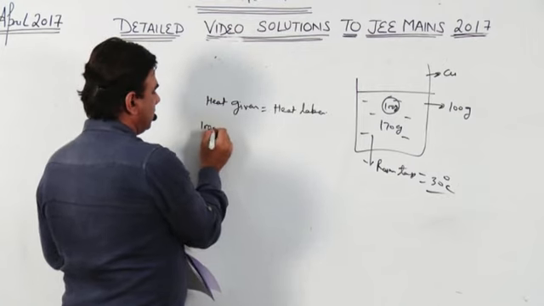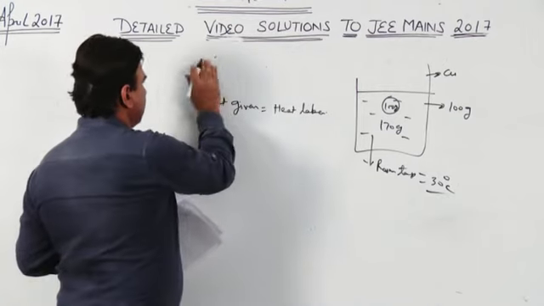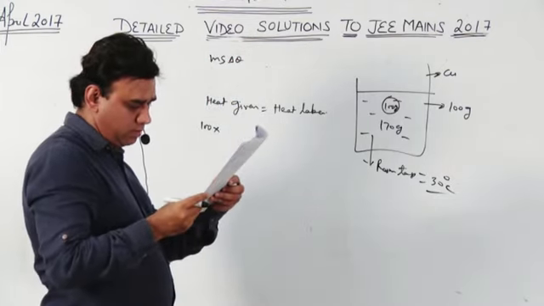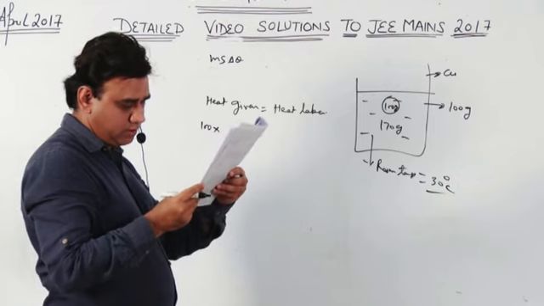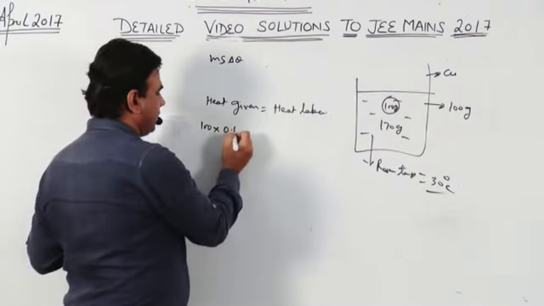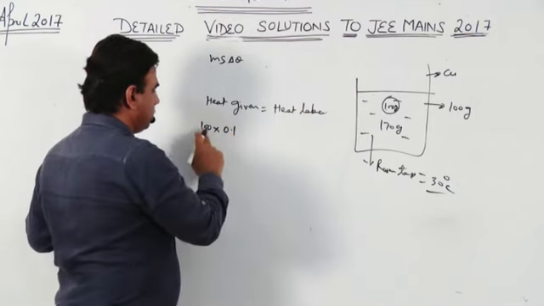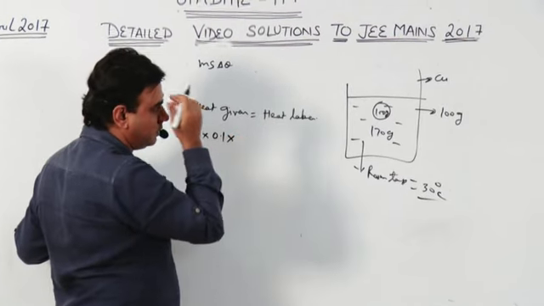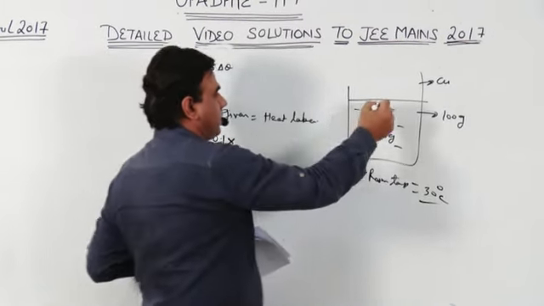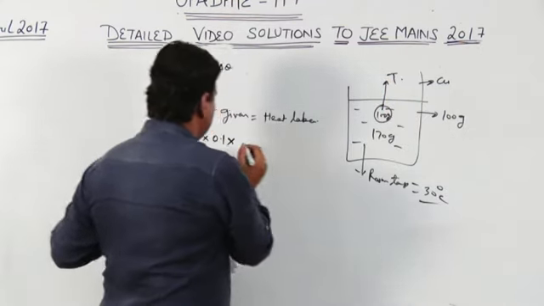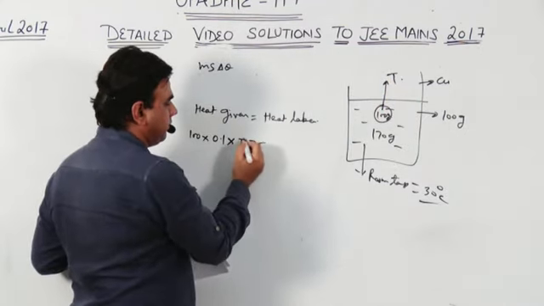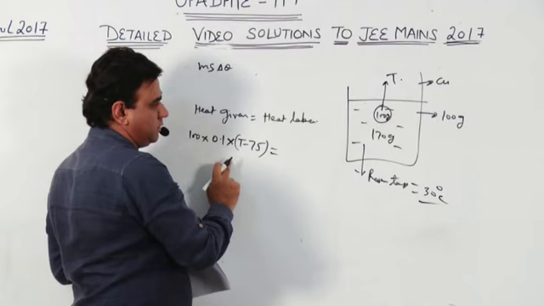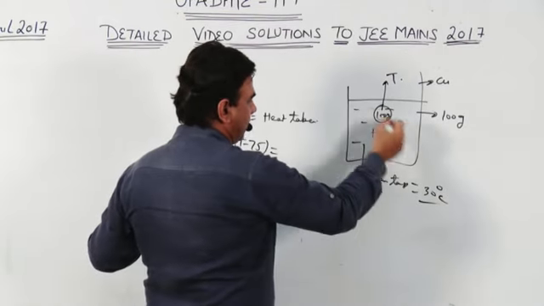We are making use of the formula m s delta theta whenever there is a temperature difference. The 100 gram ball has specific heat capacity of copper 0.1 calorie per gram. So 0.1 into 100 into delta theta. We can take the temperature of this ball as T, so the temperature difference becomes T minus 75, because the final temperature is 75.